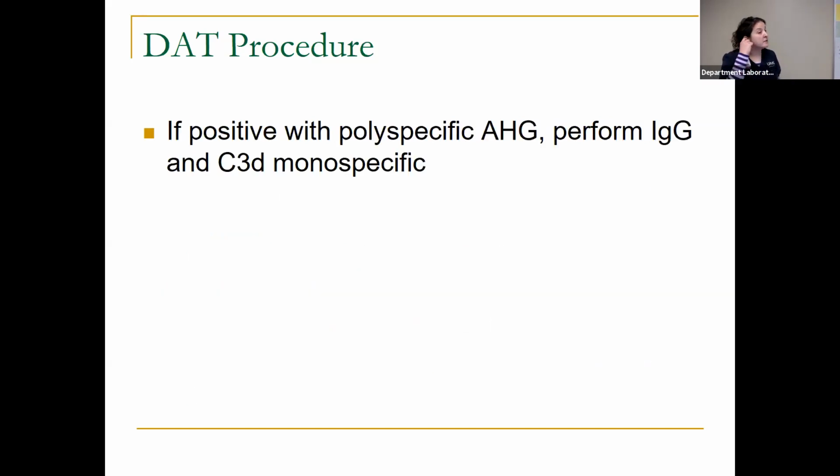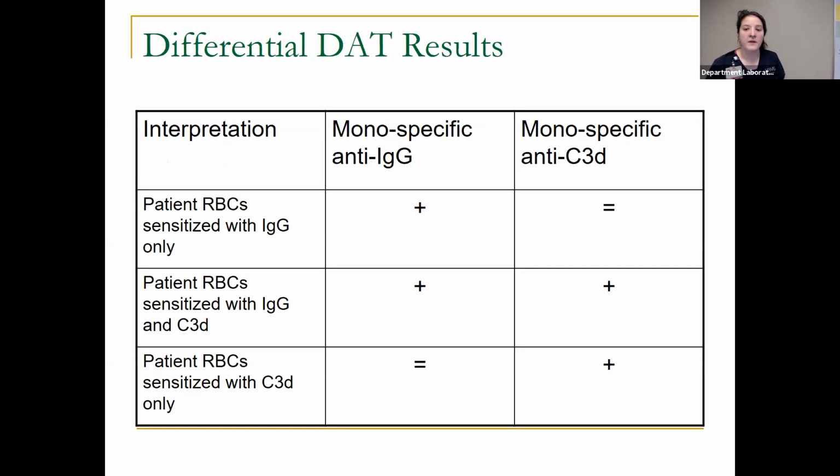All right, so then if it's positive with polyspecific, you're going to do the same thing using monospecific IgG and monospecific C3b, C3d. And then here's a chart for some interpretations, okay? So if your patient red cells are sensitized with IgG only, you'll have a positive reaction with your polyspecific, of course. You'll have a positive reaction with your monospecific IgG, but a negative reaction with your monospecific C3b, C3d.